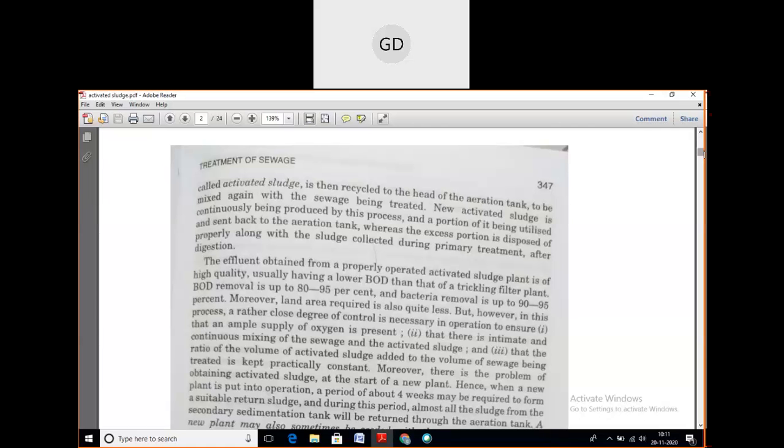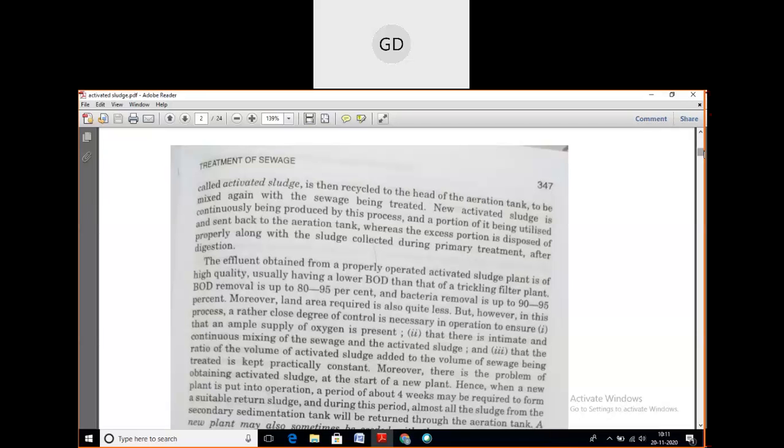That means you can imagine how accurate the results of this process are. Also, the area of land used is very less. The land area required for this activated sludge plant is very small.